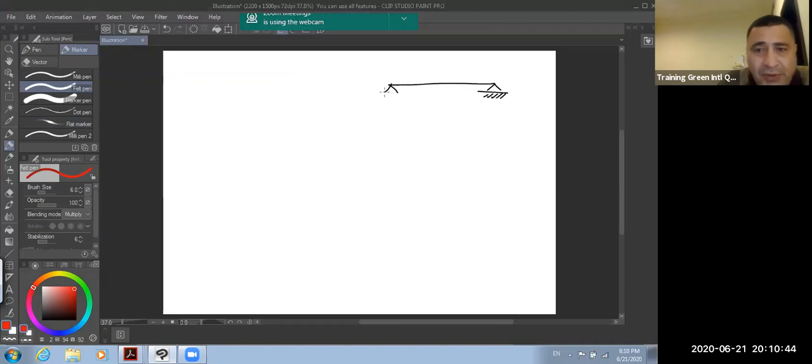Another support, and another support: A, B, and C. The first assumption is that the entire live load distribution covers all the lengths.